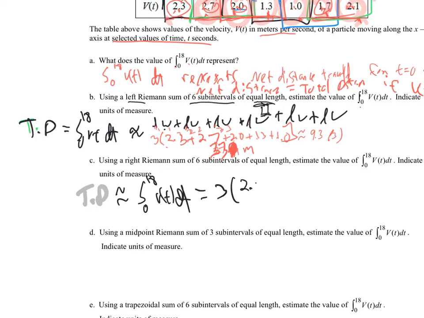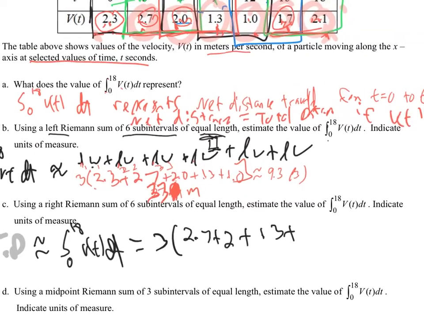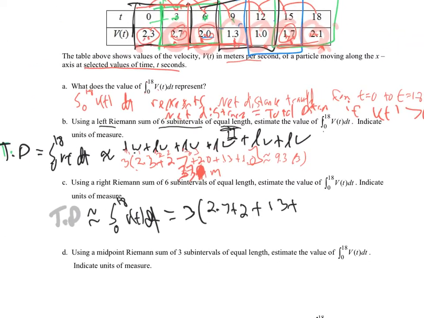Now it's a 2.7 plus a 2 plus a 1.3 plus the 1 plus the 1.7, this time plus the 2.1.